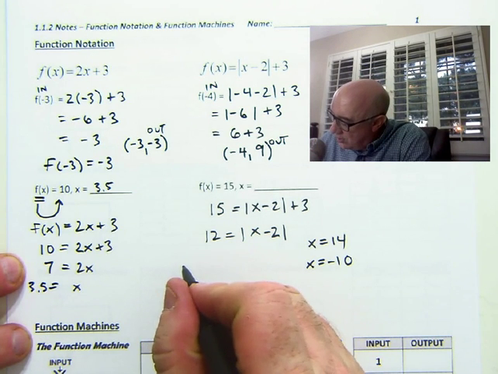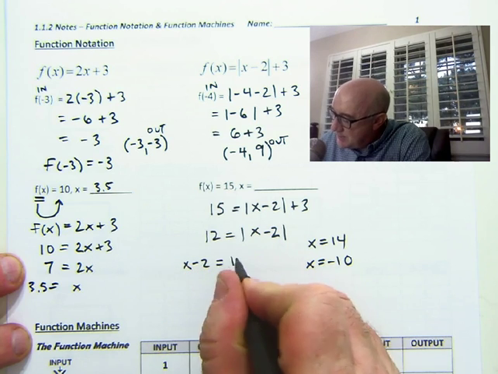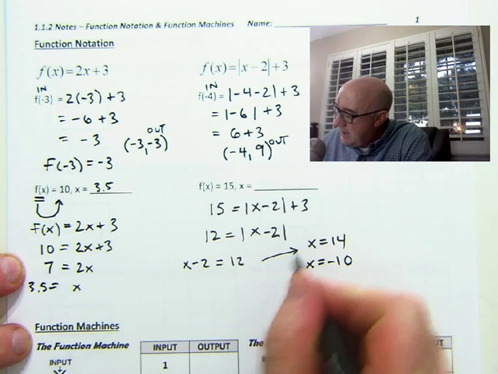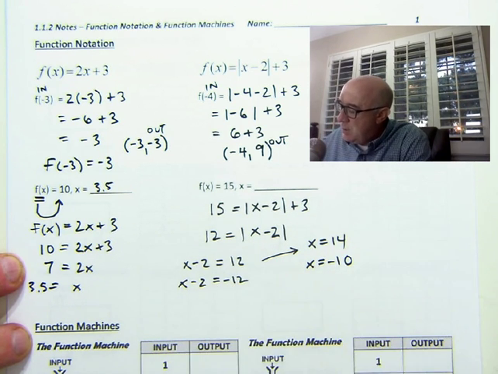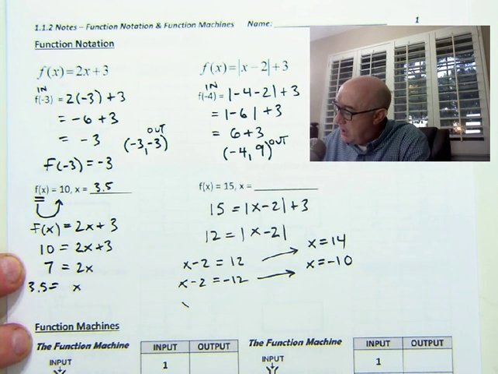The way you can solve those is you basically solve this problem, which gives you the 14, and you solve this problem, which gives you the negative 10 there.